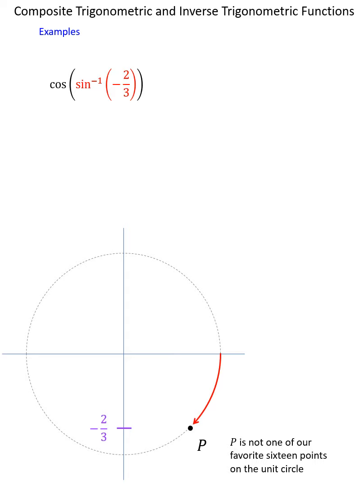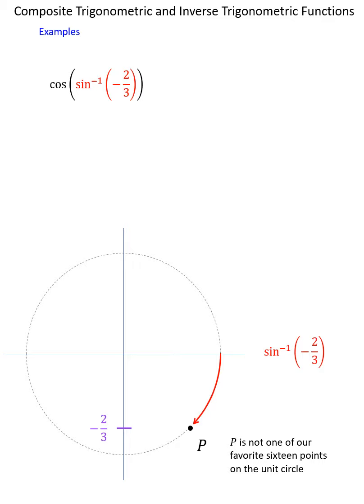We know that by just memorizing all 16 points. And therefore, the inverse sine of negative 2/3 is not computable by any of the methods that we've seen in these videos, because everything that we've done up until this point corresponds to one of our favorite 16 points.